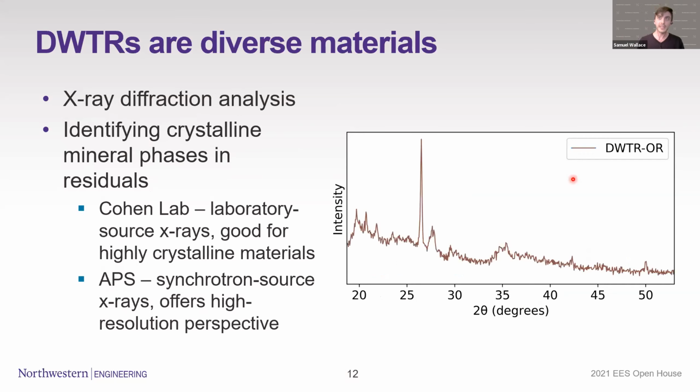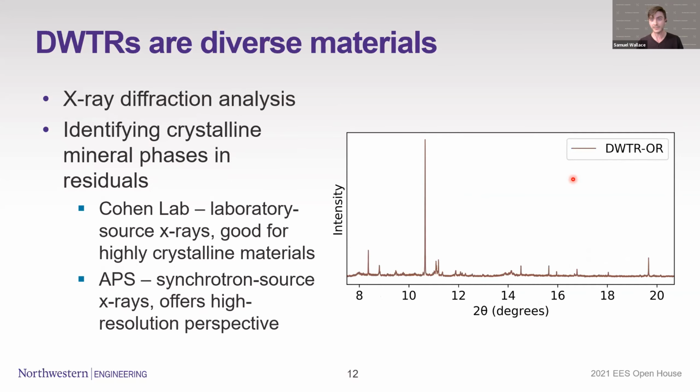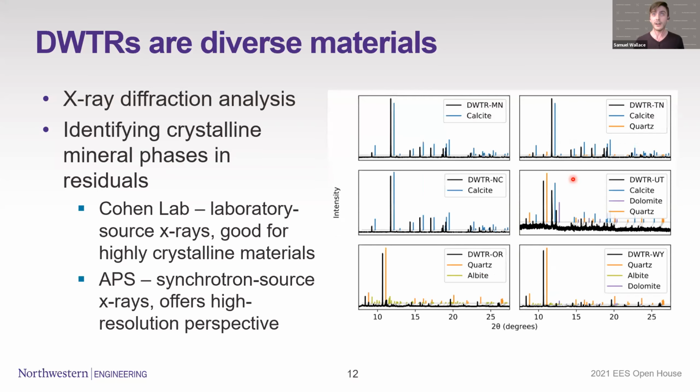But if you have some less crystalline materials, it's not quite as great. But we have the option of ramping up to high resolution XRD, which happens at the Advanced Photon Source using synchrotron radiation. From that, we can get a good idea of minerals that are present in crystalline form within all of these drinking water treatment residuals.